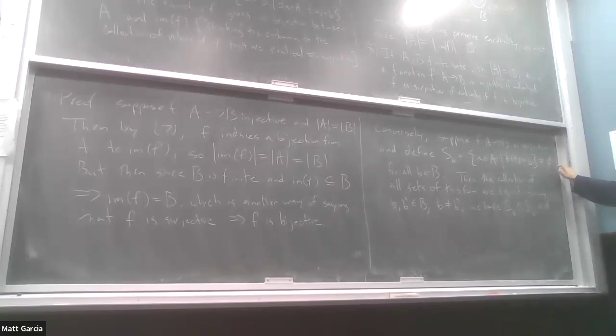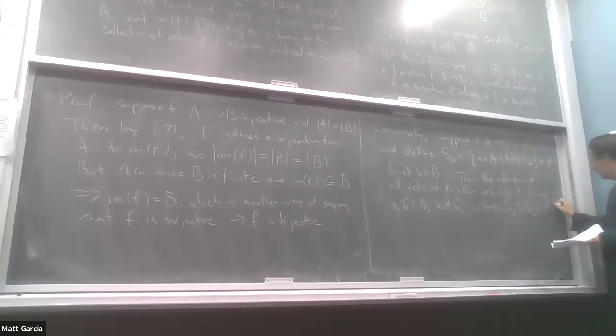By the way, why do I say that this is non-empty for all little b in B? Because it's surjective, right? I know that there's at least one element of A that maps to any B.